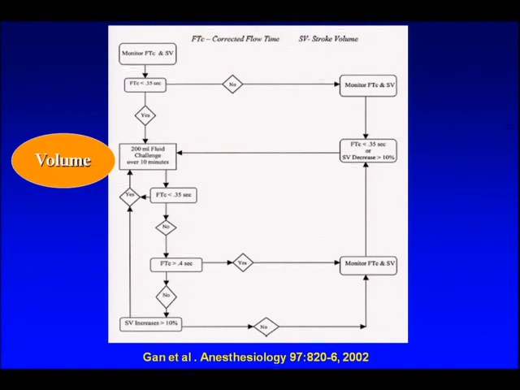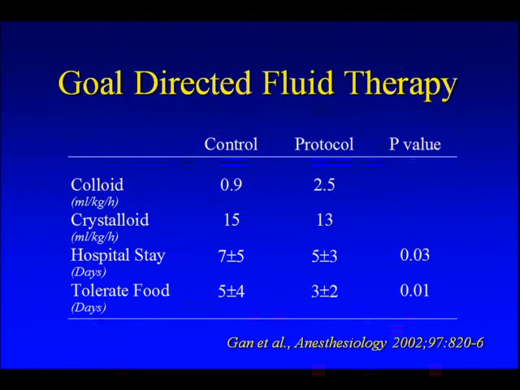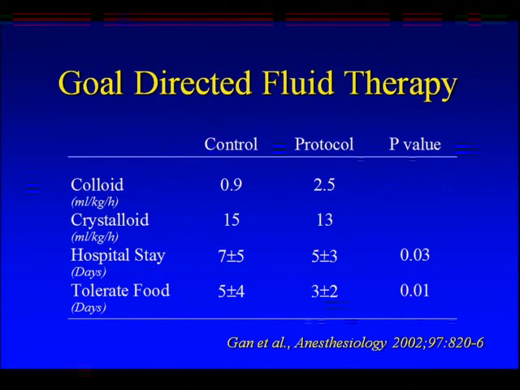And just optimizing volume alone, and in fact, very few patients needed pressors and inotropes, just mainly volume, we were able to show a difference in hospital length of stay. On average, they were staying a couple of days less in the protocol group compared to the control group, primarily because these patients were able to eat and drink a couple of days earlier.